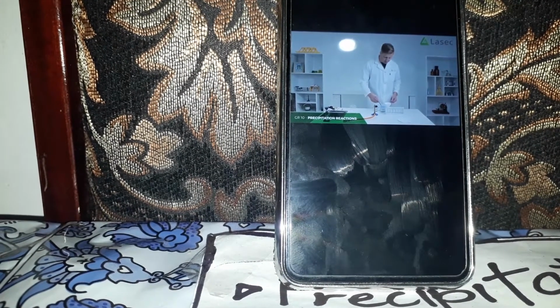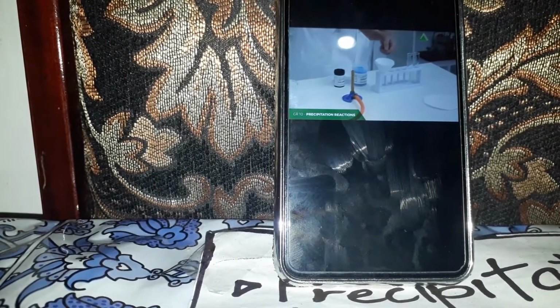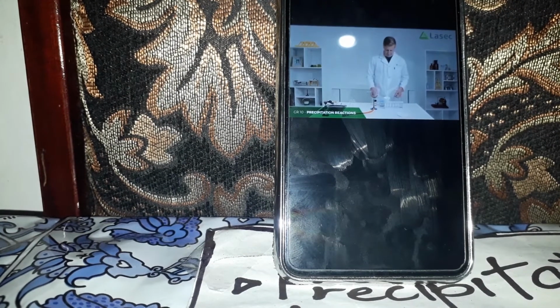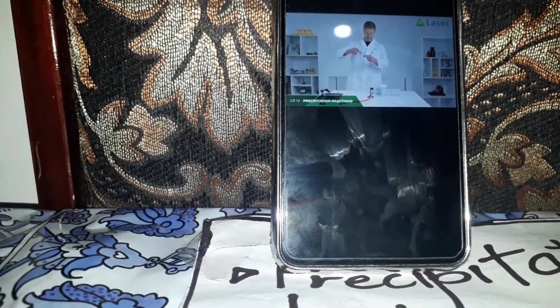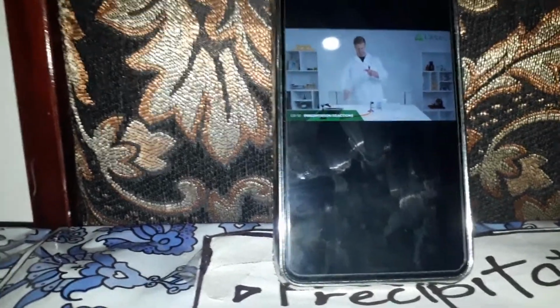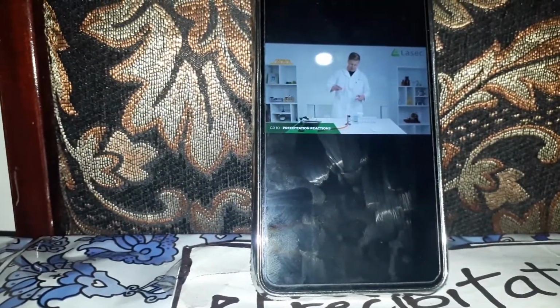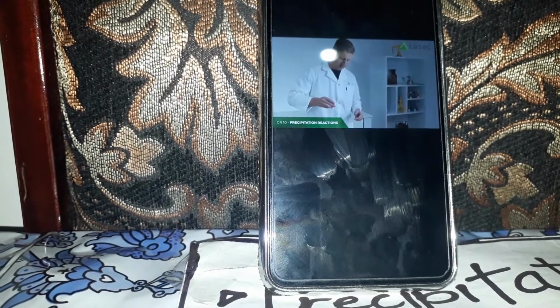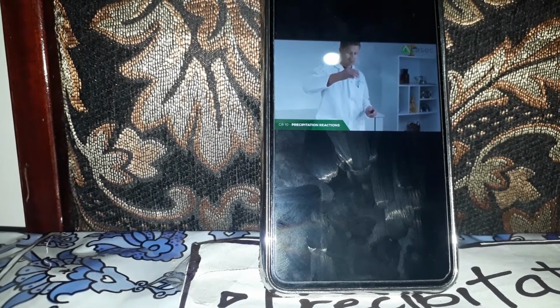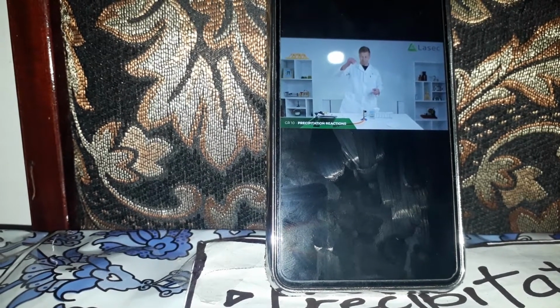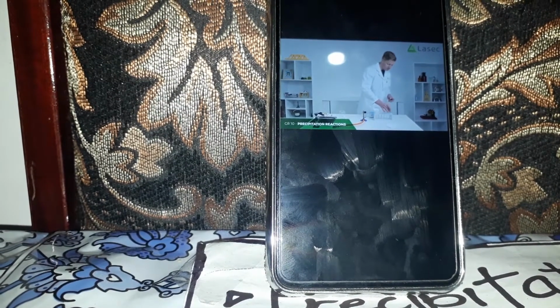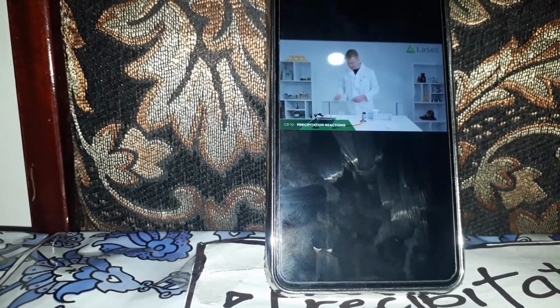So I'm going to take a little bit of copper sulfate in a spatula, put it into the test tube, and we're going to add a bit of water to that and dissolve it. So let's just swirl that around until we've dissolved it. It should form a nice blue solution. And while that's busy dissolving, I'll do the sodium carbonate.